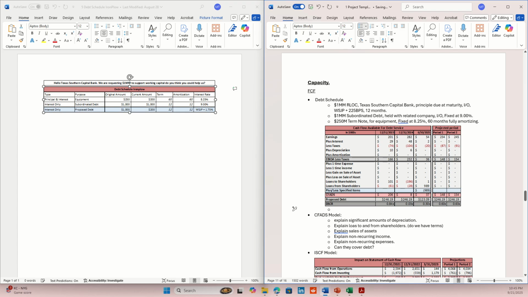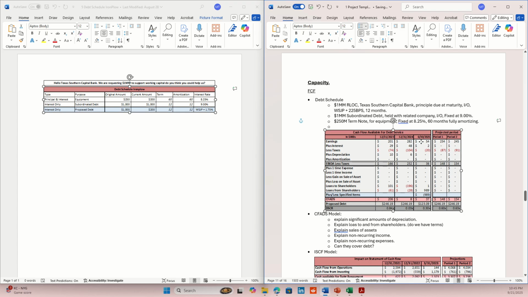So for you guys, what I want you to write here basically is loan amount, purpose, held with who. If you know, if you don't know, don't write that out.